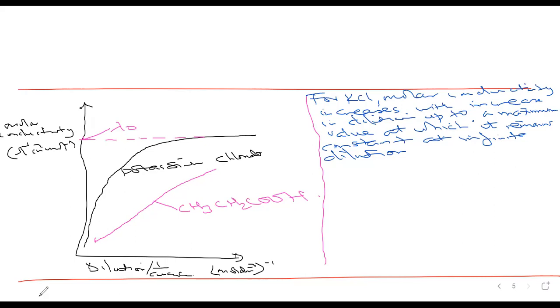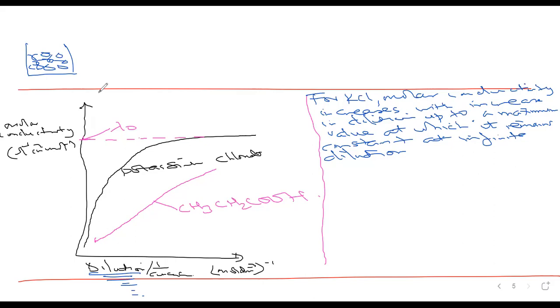We are diluting a solution, and that's why the conductivity is increasing. When you dilute the solution, the ions that are so close to each other in a concentrated solution begin to separate within the solution, to have that interionic distance of separation increasing, ionic interference decreasing, and ionic mobility increasing.